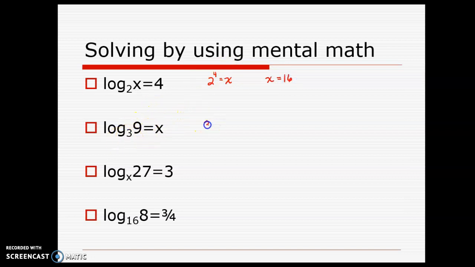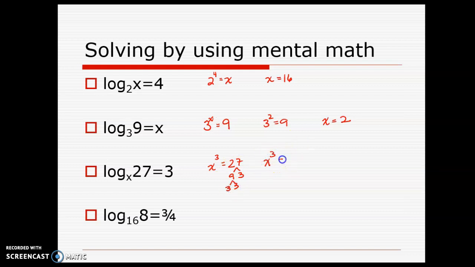3 to the x equals 9. So you know 3 squared equals 9. So x equals 2. x cubed equals 27. So you could break down 27 into 9 times 3 and then 3 times 3.